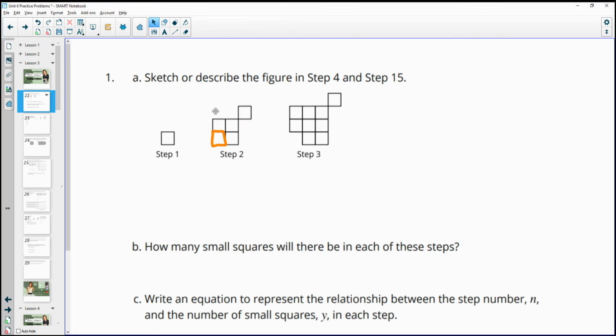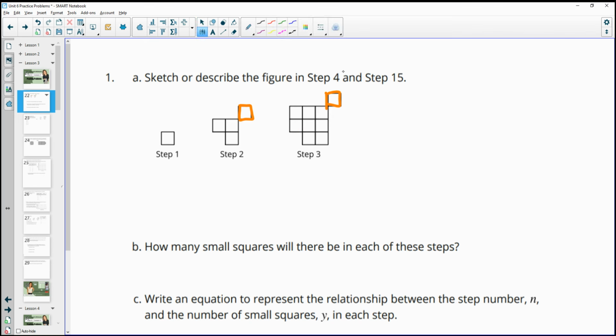So we start with this 2 by 2 square in step 2, and we move this one to that top right corner. And so if we think about that here in this one, right, we have a 3 by 3 square, and we move this square to the top right corner.